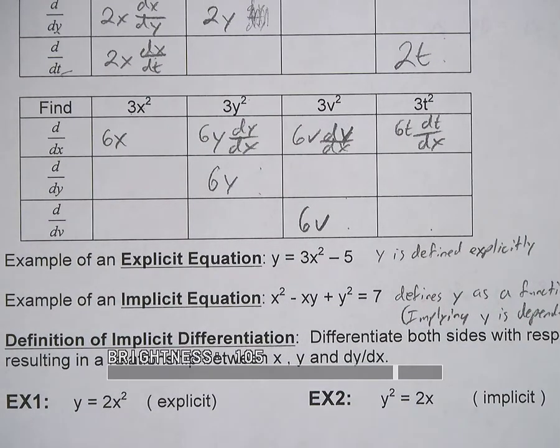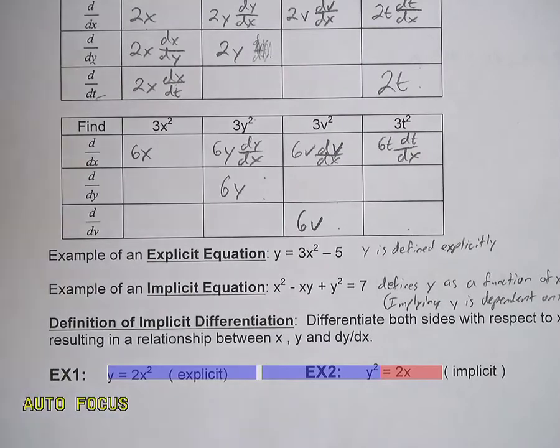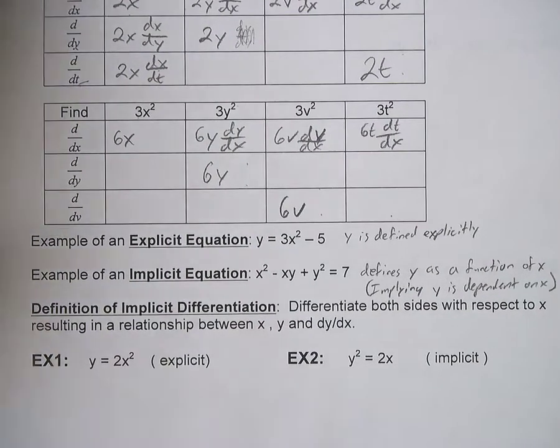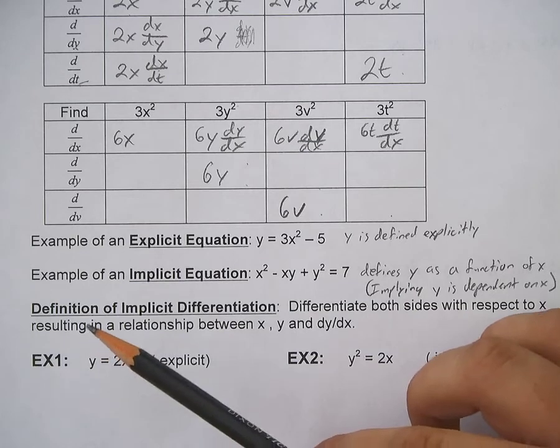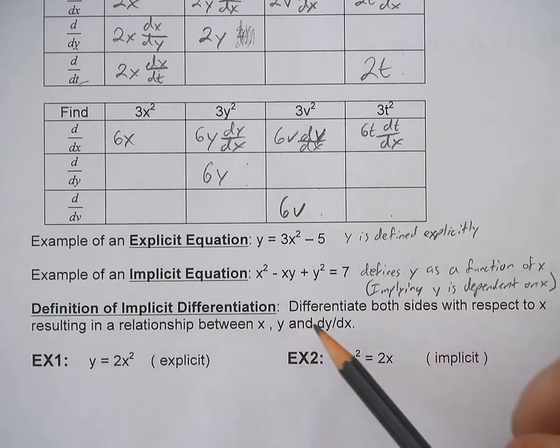Okay, now going from here, the definition of implicit differentiation, here's what you're going to do. Differentiate both sides with respect to x, and this will result in a relationship between x, y and dy dx. All right?